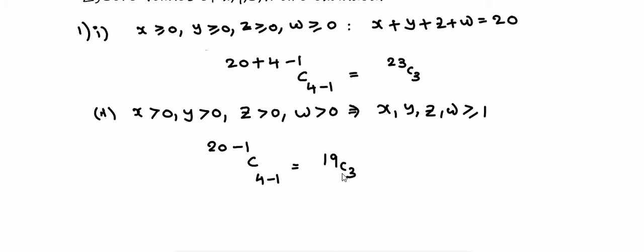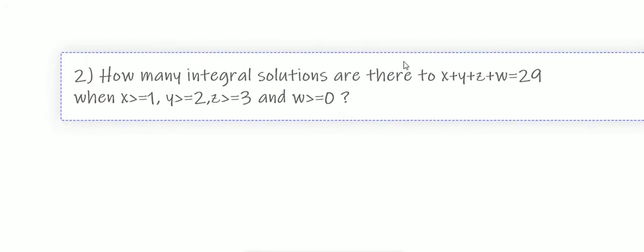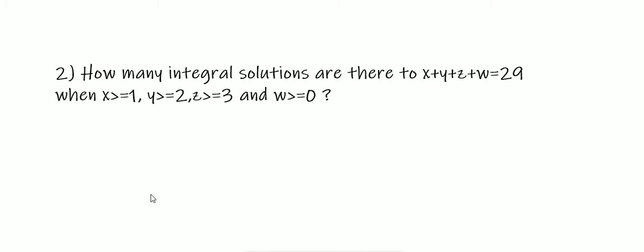Now let's go to the second question, in which the variables are not following the elementary conditions. How many integral solutions are there to x plus y plus z plus w equal to 29 when x is greater than or equal to 1, y greater than or equal to 2, z greater than or equal to 3, and w is greater than or equal to 0?